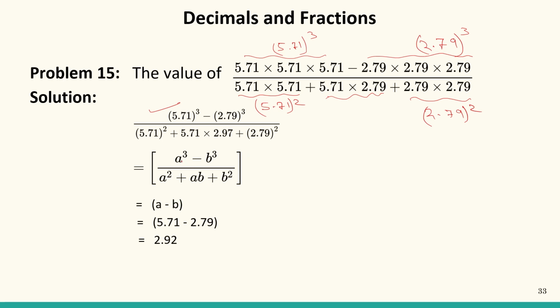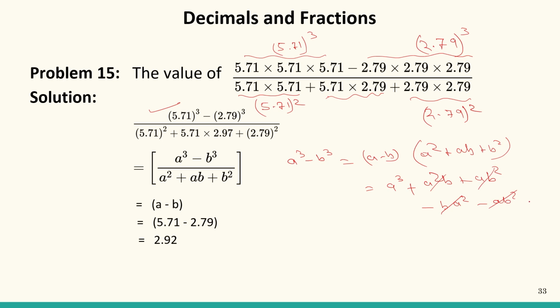Because a cube minus b cube is equal to a minus b into a square plus ab plus b square. Multiply these two and you will get a cube minus b cube. If we multiply, a cube minus a square b, plus a square b plus ab square, then minus ab square.